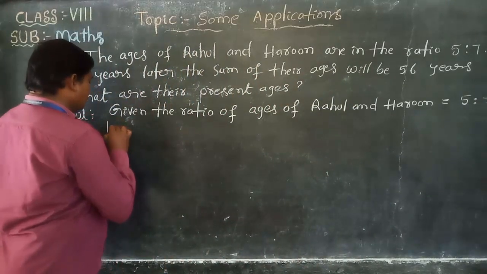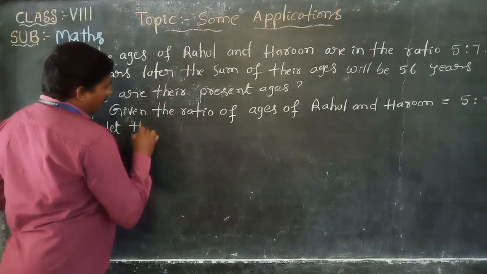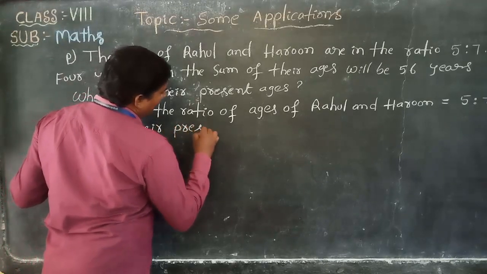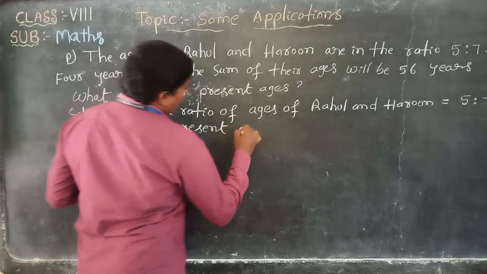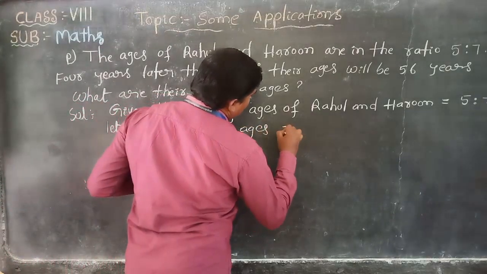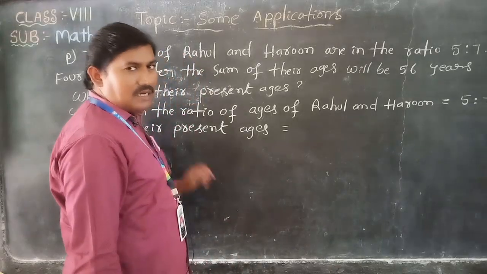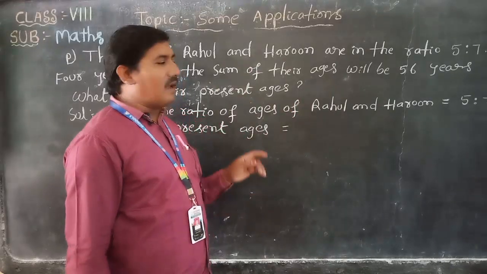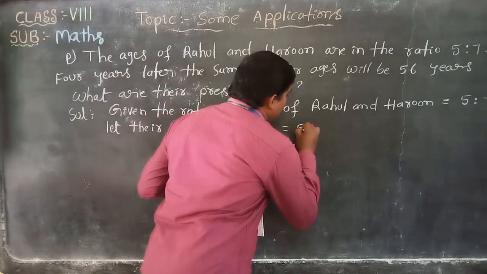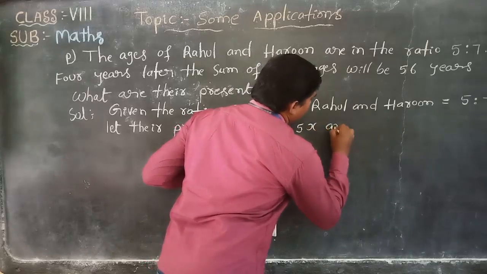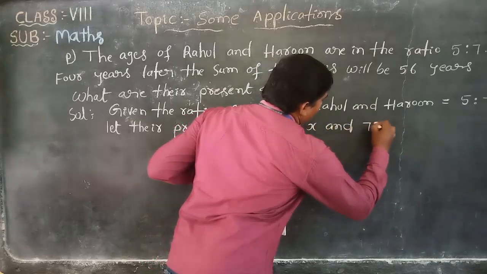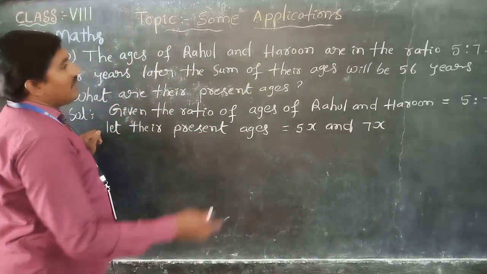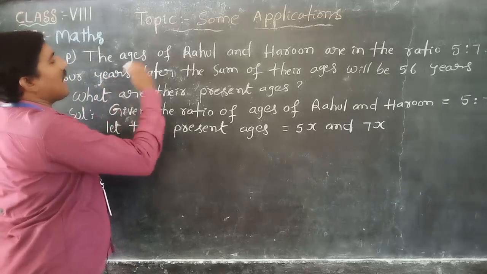Let their present ages be, we don't know their present ages, but we are taking their present ages using the ratio, 5x and 7x. Their present ages 5x and 7x, they given here 4 years later.